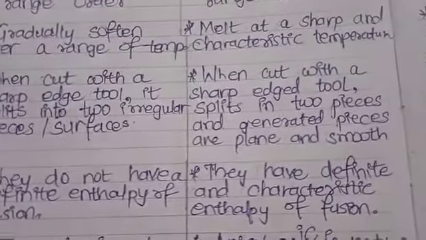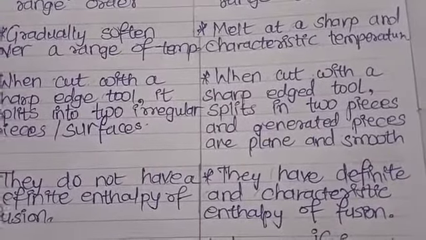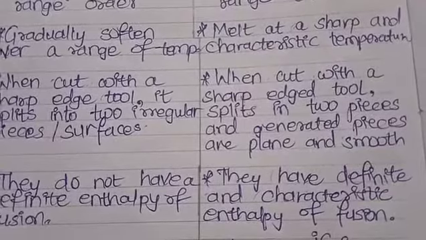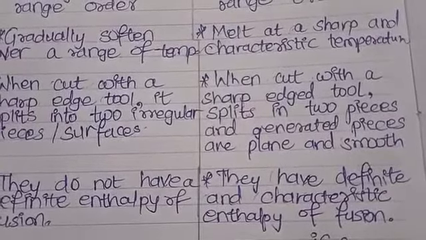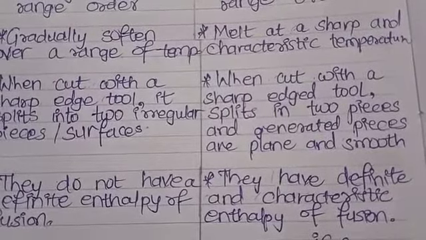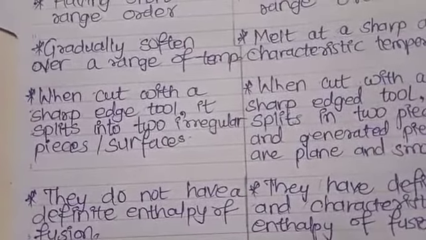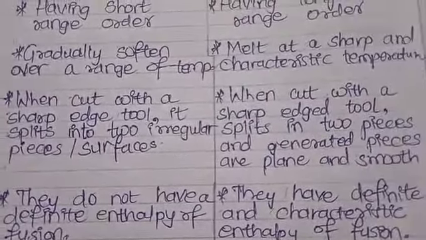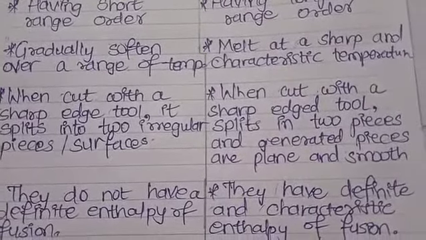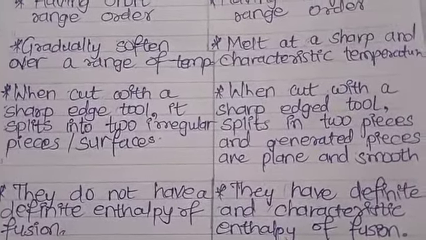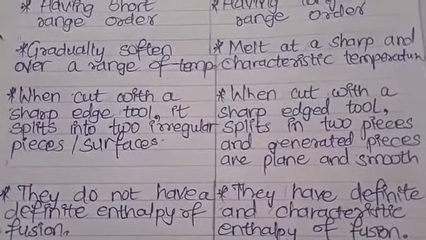But for crystalline solids, when cut with a sharp edge tool, it splits into two surfaces and the generated surfaces are plain and smooth, right? Here it is two irregular surfaces, and here it is absolutely correct, two regular surfaces, and those surfaces should be plain and smooth.